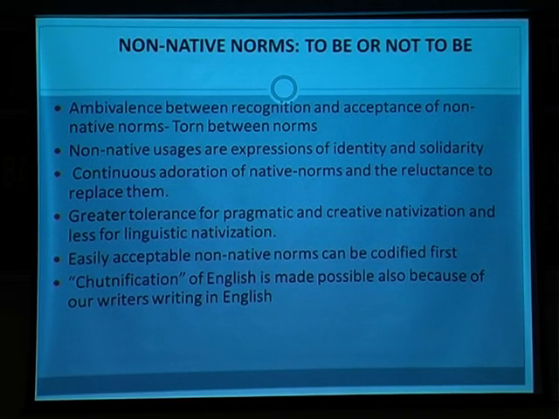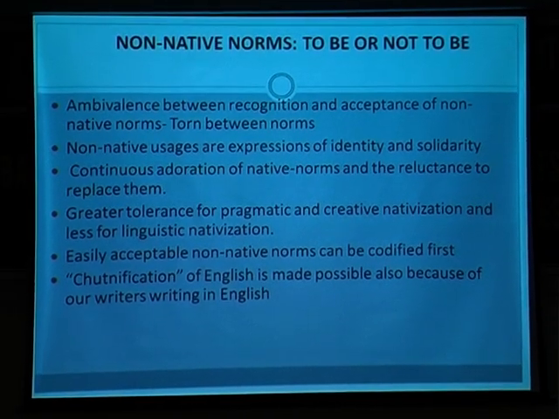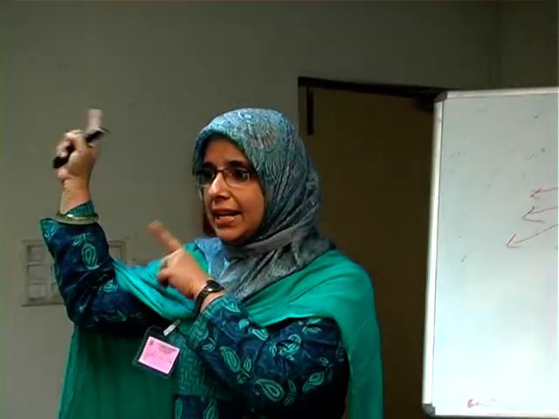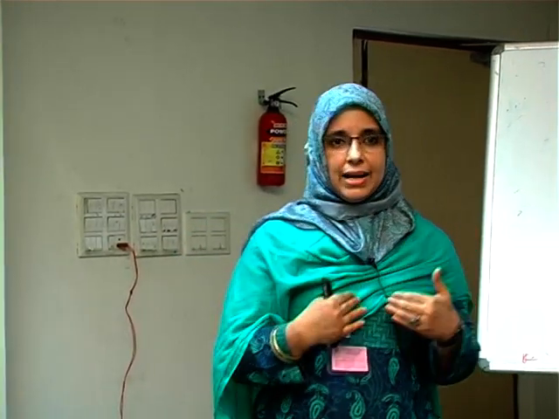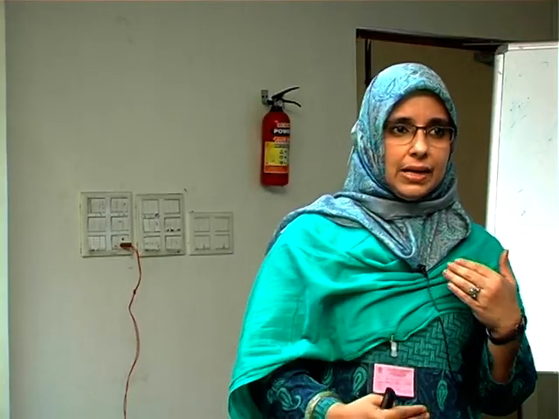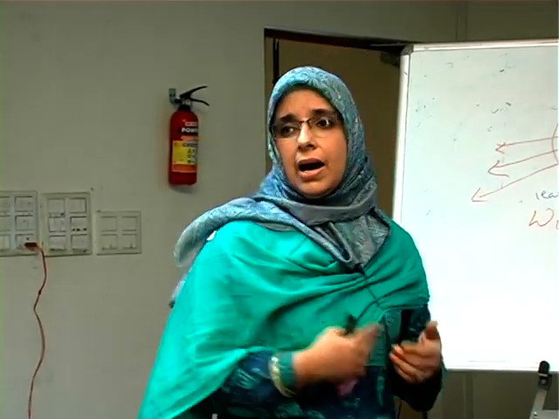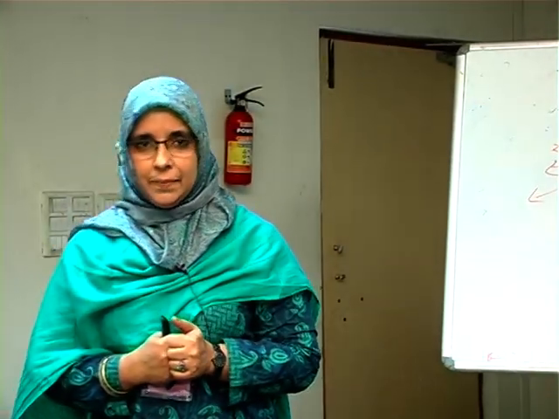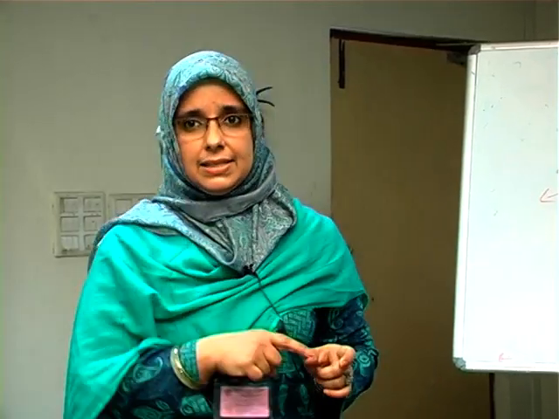We are always torn between the norms, because on one side we have this extreme adoration for native speakers' English and the reluctance to let go of that, and on the other side we have our own variety, which is full of cultural markers and serves as an expression of our identity and solidarity.